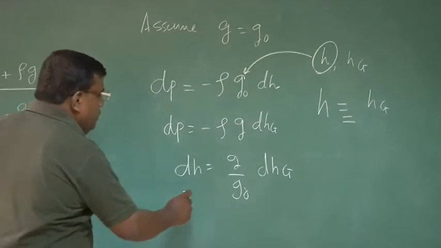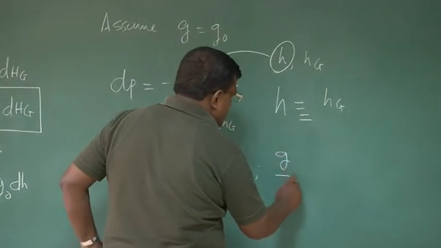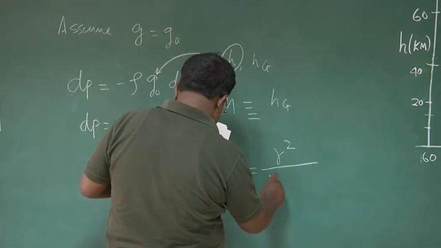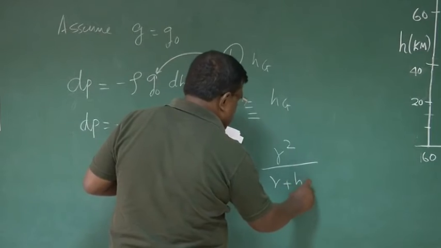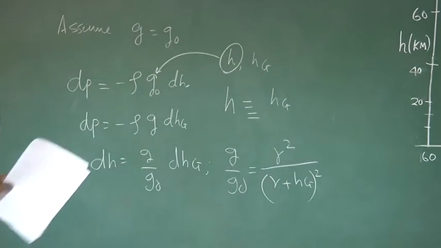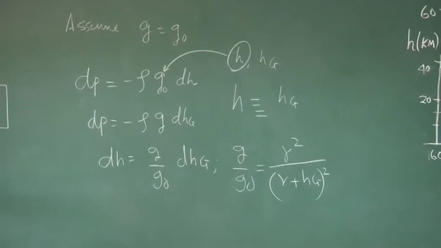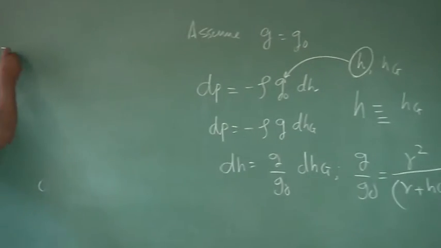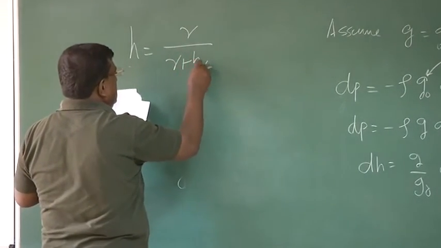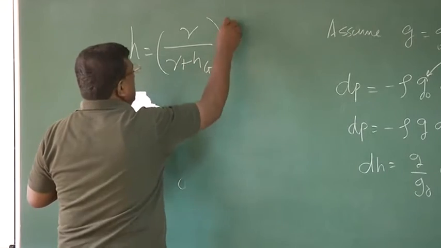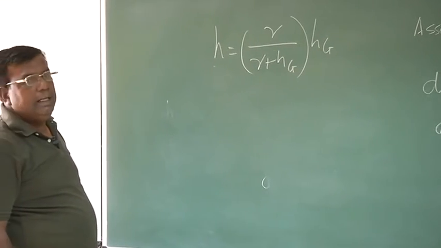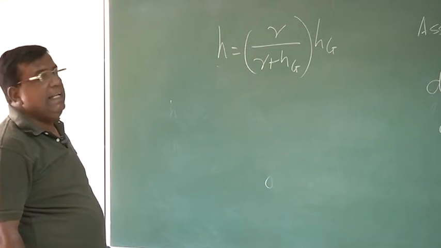And since I know that G by G naught is nothing but R square by R plus Hg square, where R is the radius of Earth, using these two relationships, I can write H equal to R by R plus Hg into Hg.